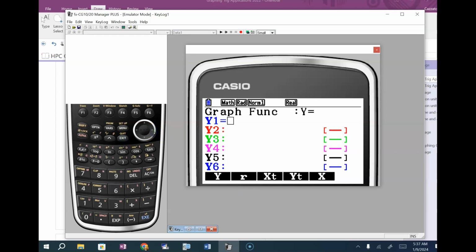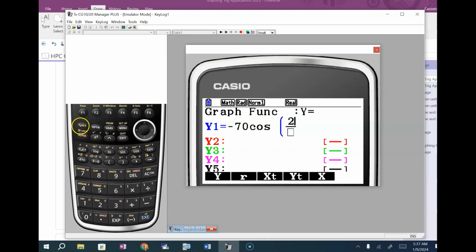So now I'm going to type in Y1, and I'll say -70 cosine. Now I like to put a parenthesis here, and I would advise it. I'm going to press the ABC button to get a little fraction. I'm going to say 2 pi, and then I'll jump down the denominator.